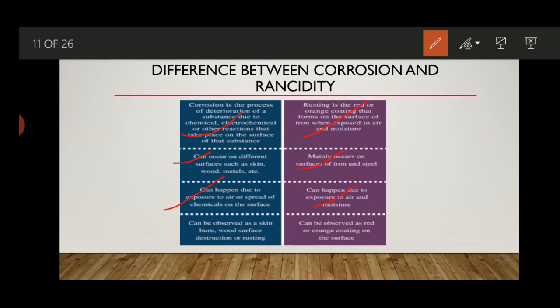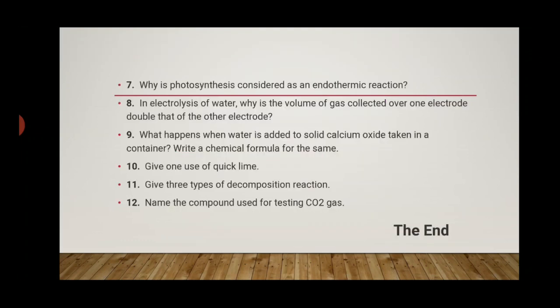Without air and moisture, rusting will not take place, but corrosion will, because other chemicals also cause corrosion on metals. Corrosion can be observed as a skin burn, wood surface destruction or rusting. I already told you rusting is actually an example of corrosion only, but rusting can be observed as a red or orange coating on the surface. Now let's discuss the important questions.